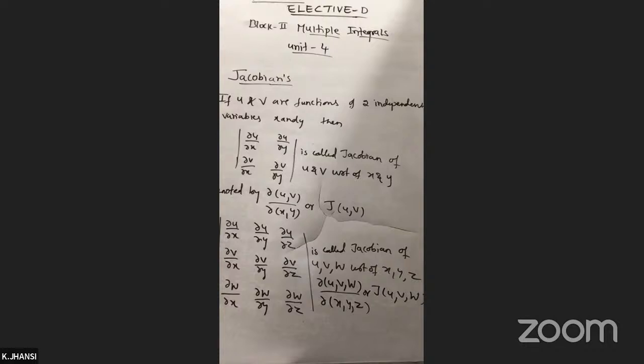Okay, so like this. So the definition is there for Jacobians.